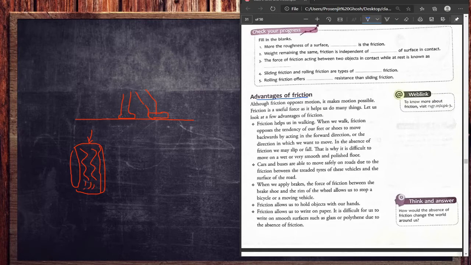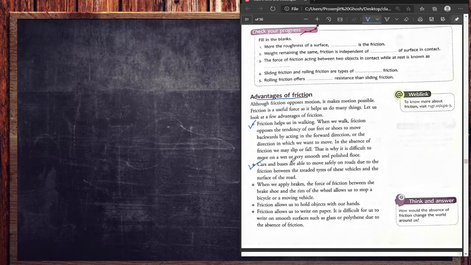As I told you, more rough means more friction. So if the roughness of the tires is increased by all these patterns, that means the friction is also increasing. So two parts are already covered: walking and the friction of tires.